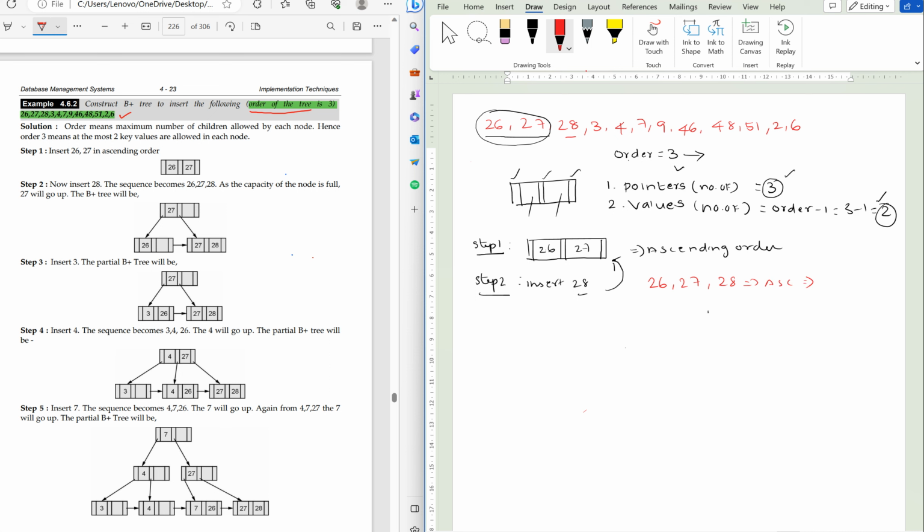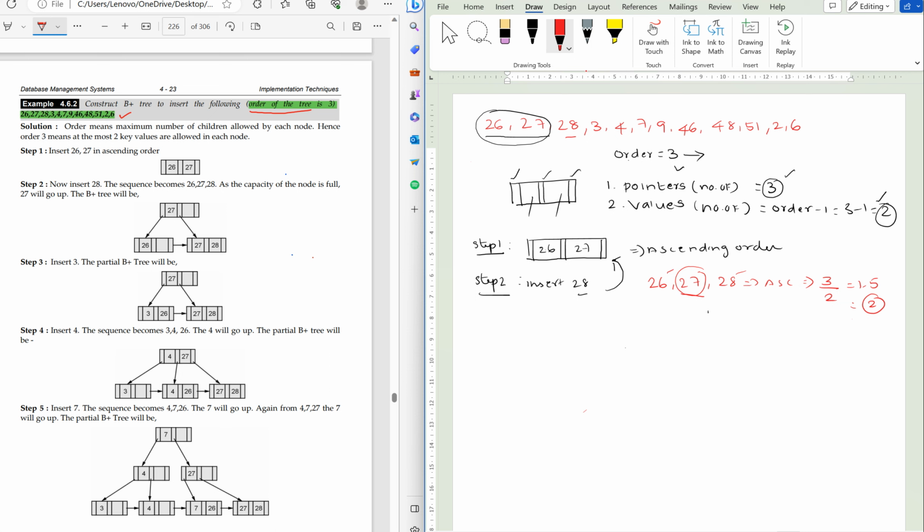To find the median, the number of values is 3, so 3 divided by 2 gives 1.5, which is rounded to the nearest value, that is 2. This 2 represents the position of the element we have taken, so the element in the second position is 27.